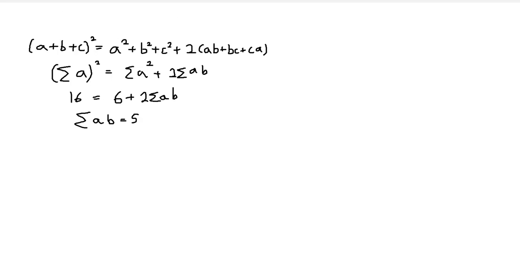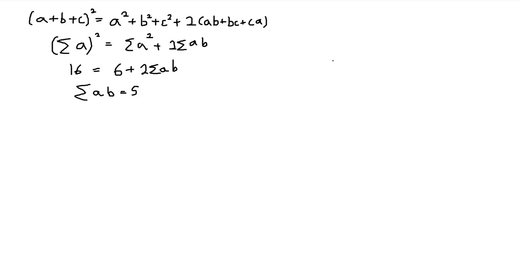Now let's think about where we've also seen this sum, AB plus BC plus CA. When I see it, I think of the expansion of a polynomial with roots A, B, and C, because its linear term will be AB plus BC plus CA. So at this point in the problem, we're going to construct a polynomial P of x.